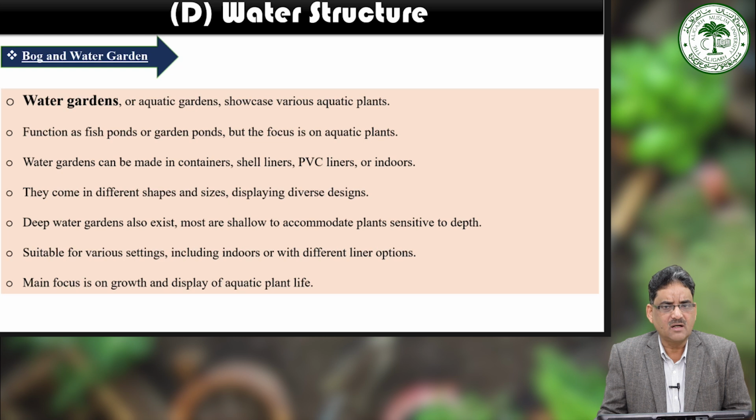While deep water gardens also exist, many are intentionally shallow to suit plants that are sensitive to depth. These gardens find a place in various settings, including both indoor and outdoor environments, providing a focal point for the growth and display of aquatic plant species.